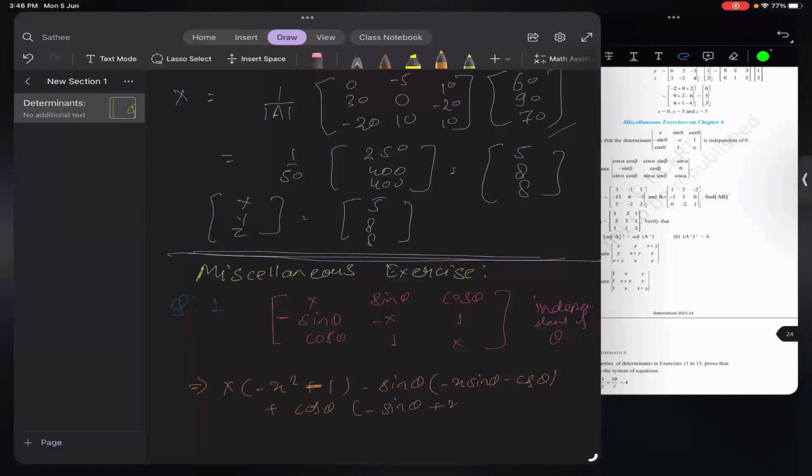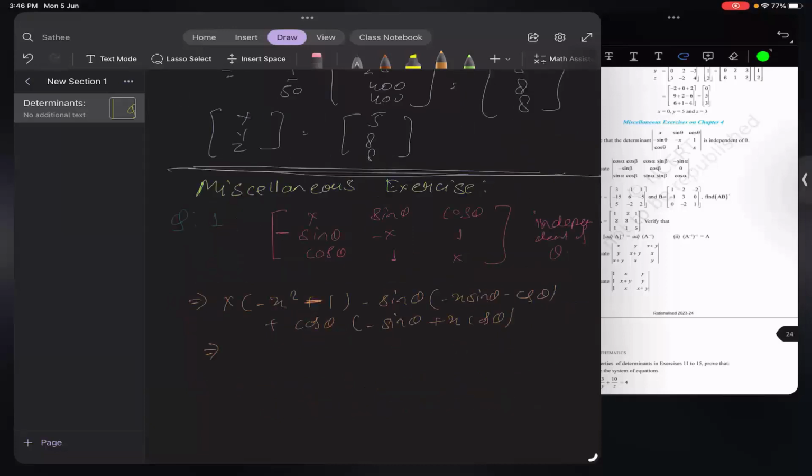Okay. So if you quickly find the determinant, this is minus x cube, this is minus x, and if you see this term and this term, these two terms are opposite of each other, and similarly the other terms.